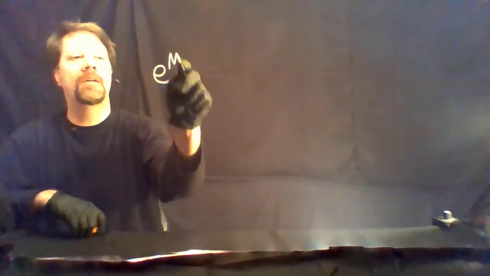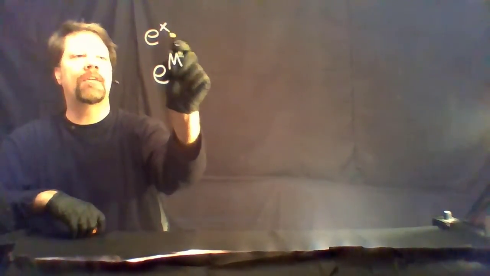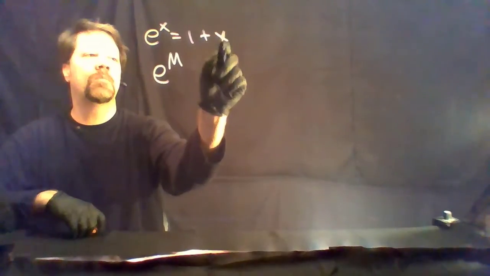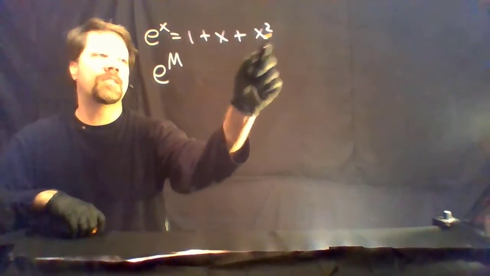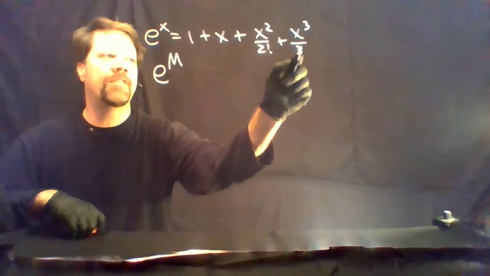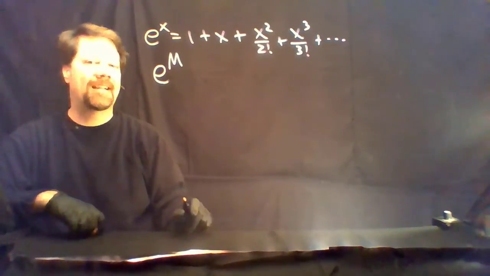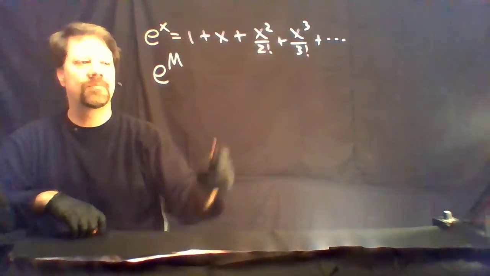I'd like to show you how to exponentiate a matrix, e to the power of M, where M is a square matrix. As you may know, e to the power x is 1 plus x plus x squared over 2 factorial plus x cubed over 3 factorial, and so on, from your knowledge of Maclaurin series in Calculus 2.